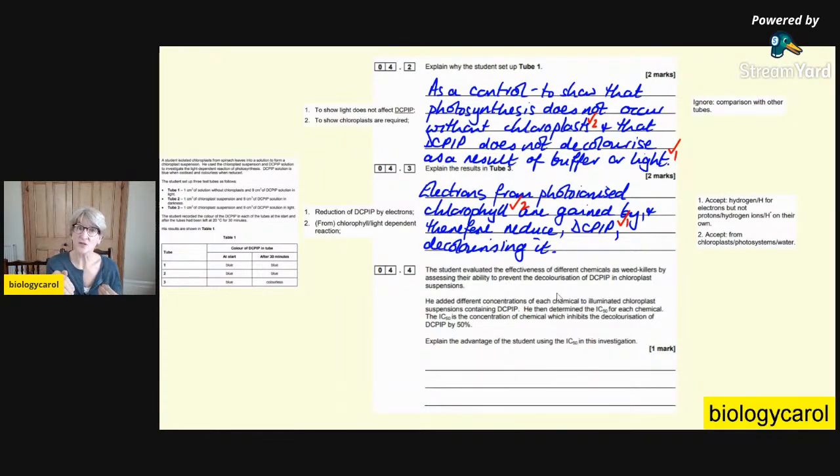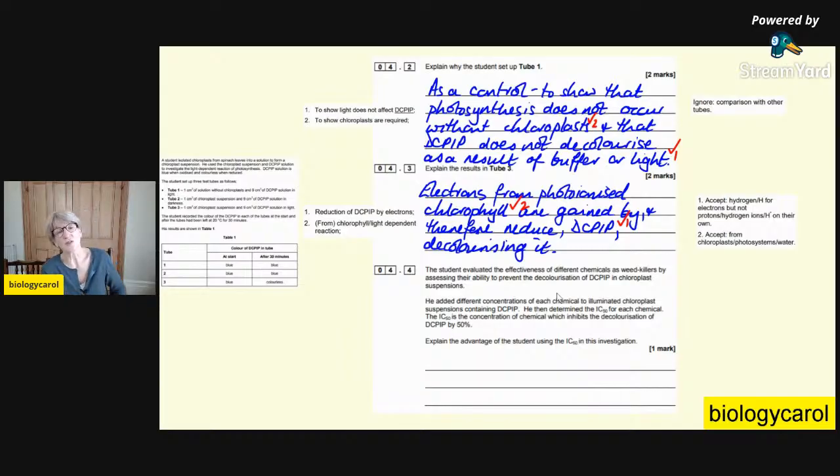Something that stops photosynthesis is obviously not going to be great for the plant, yeah? So therefore, weed killers. He added different concentrations of each chemical to illuminated chloroplast suspensions containing DCPIP. He then determined the IC50 for each chemical. IC50 is the concentration of the chemical that inhibits the decolorization of DCPIP by 50%.